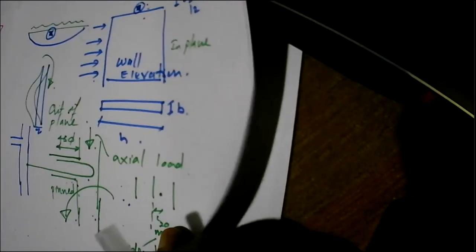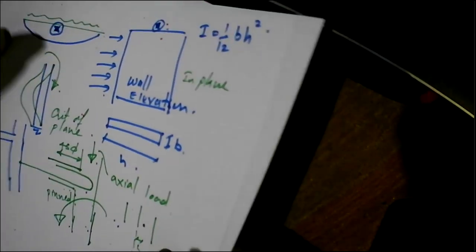So when it comes to in-plane loads, what actually happens is there will be N and M. So if you want, you can consider this wall as one with two end columns.